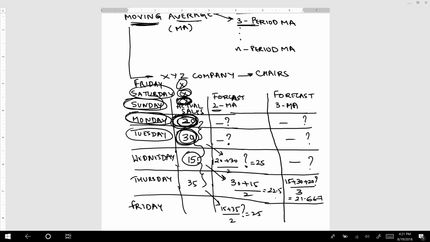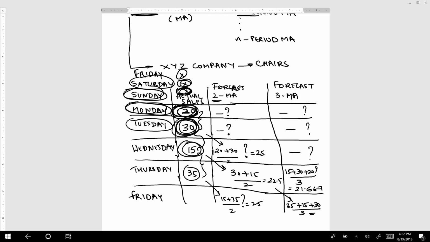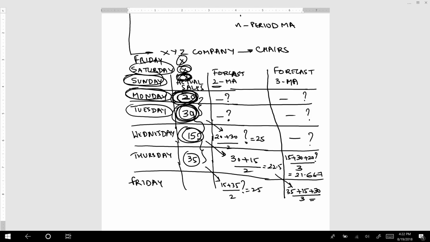Similarly, to calculate Friday, we have Thursday's, Wednesday's, and Tuesday's actual values. So we take the average of 35 plus 15 plus 30 divided by 3. This is going to be 26.667.